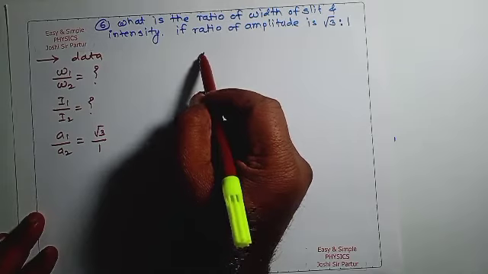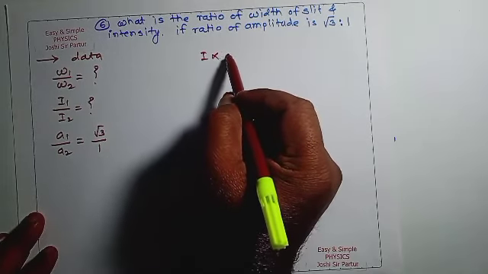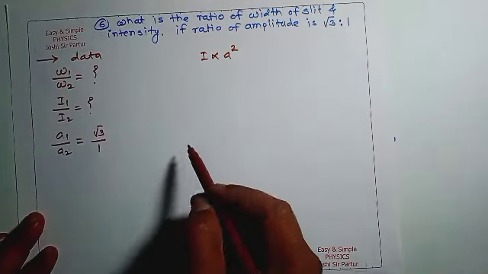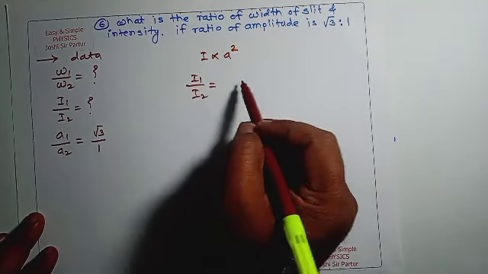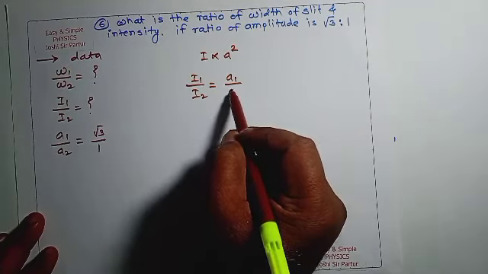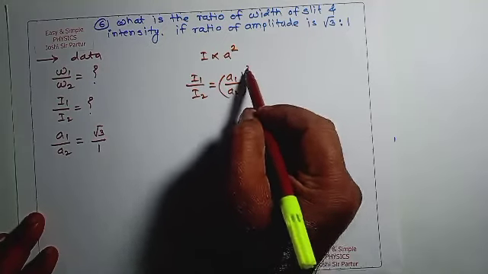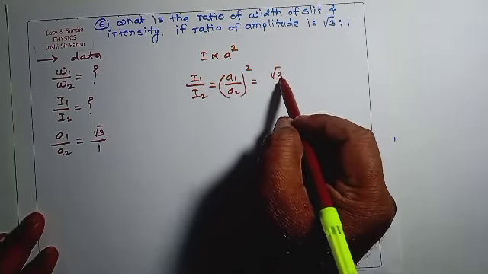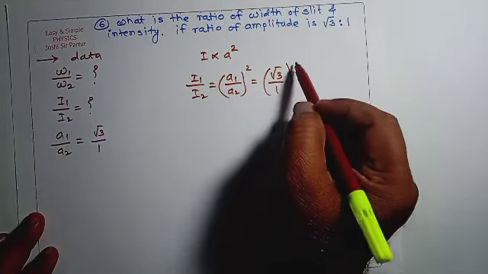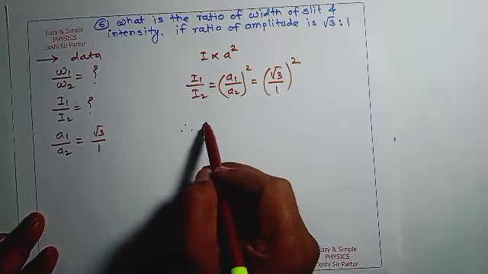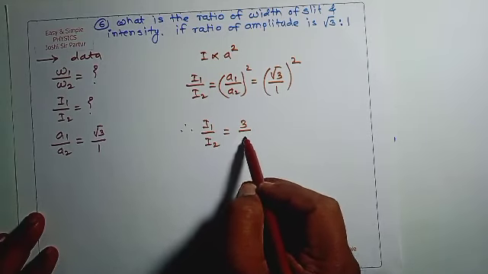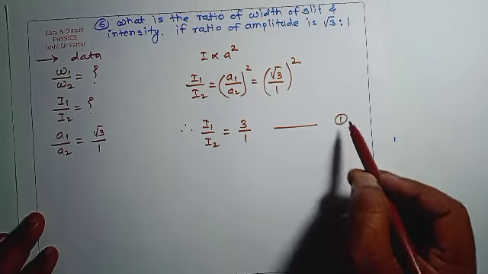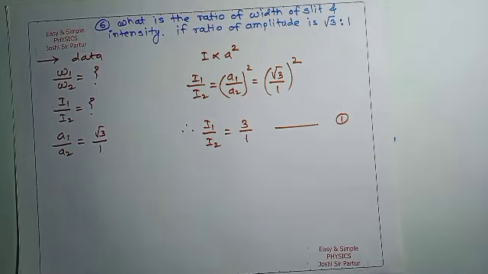We know that by Malus's law, intensity is directly proportional to the square of amplitude. Meaning I1 upon I2 will be A1 upon A2 bracket square, which is square root of 3 upon 1 bracket square. Therefore, we can find I1 upon I2 will be 3 upon 1. That is the answer for the intensity ratio.